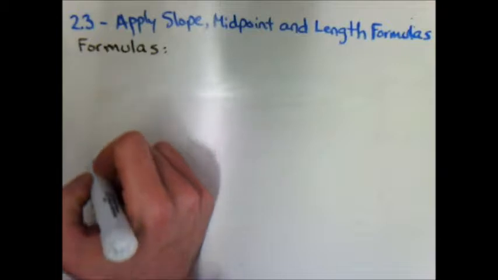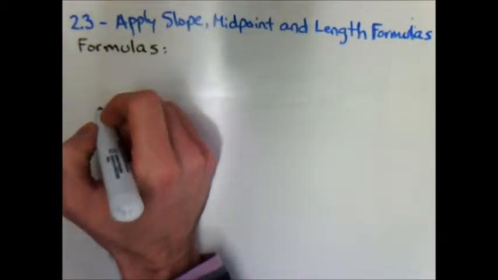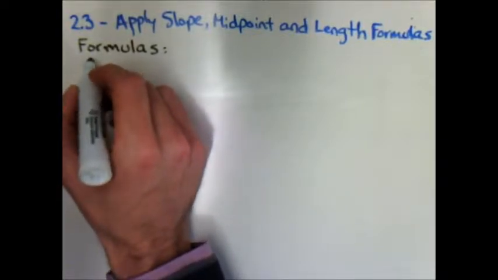Nice. So we're going to just make a list of all of our formulas that are at our disposal so that we have the tools for our toolbox. So, formulas.